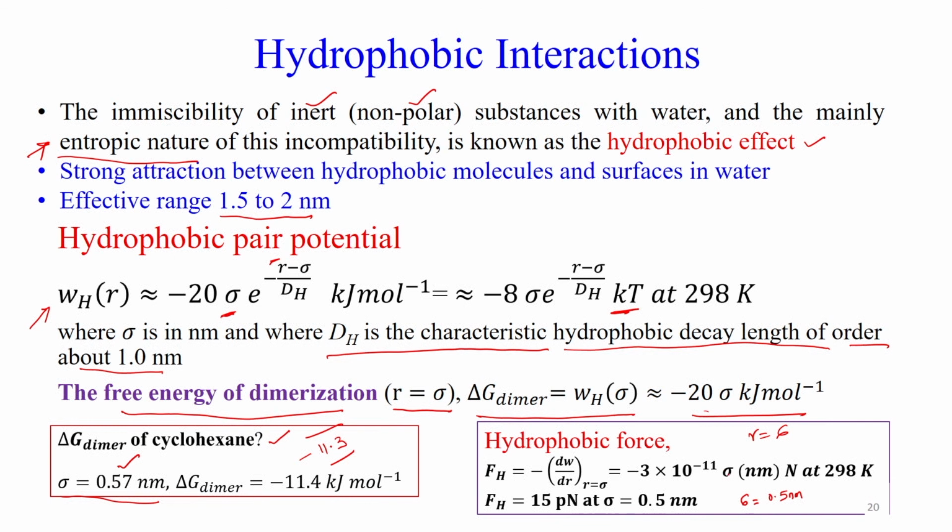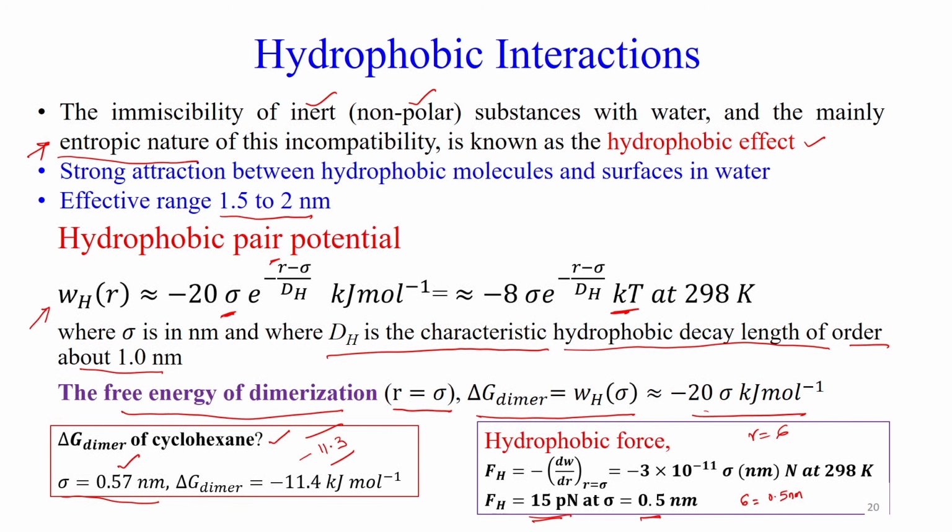Then the hydrophobic force value will be close to 15 piconewton. So, this is the strength of the hydrophobic interaction if the size of the molecule, or the sigma value, is 0.5 nanometer.